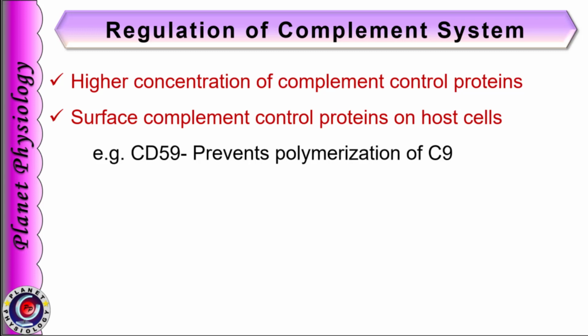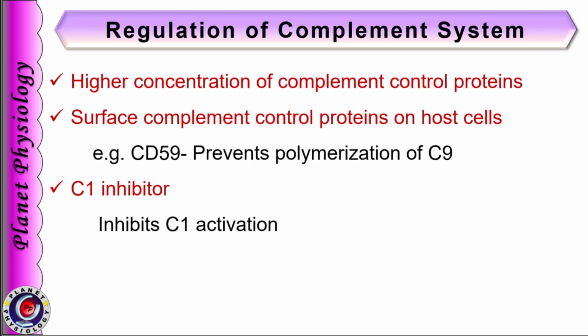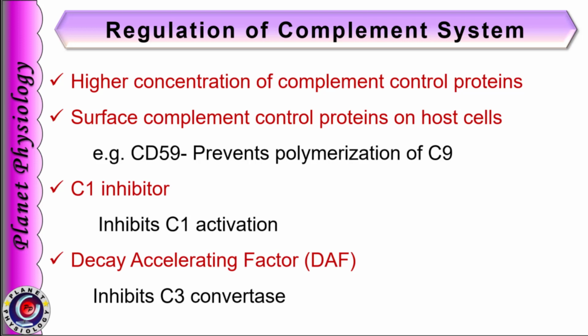Thus, host cells are protected. Next, C1 inhibitor prevents activation of C1, while decay accelerating factor DAF inhibits C3 convertase and thereby inhibits activation of classical pathway of complement system.